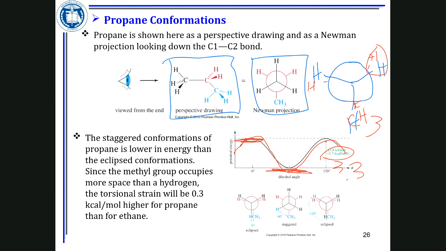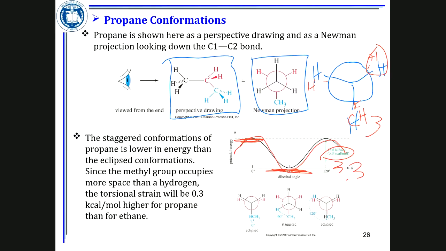Okay, next molecule is going to be butane. Butane with 4 carbons. Okay. What do you think of this conformer of the butane? Stable or not stable? Not stable.